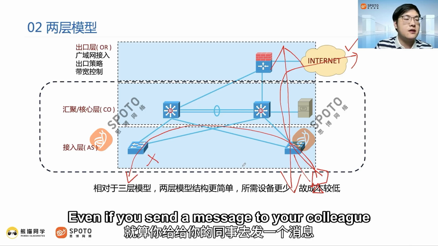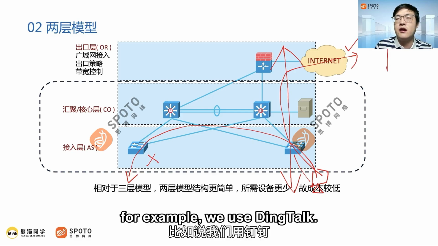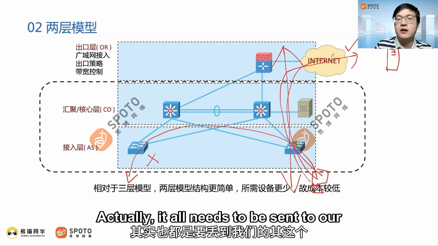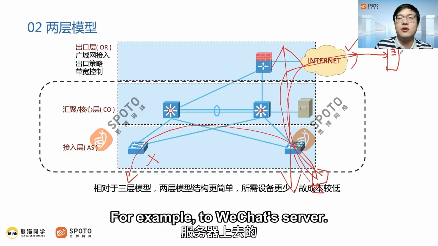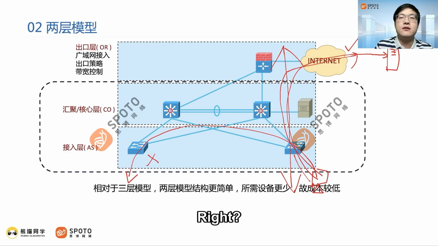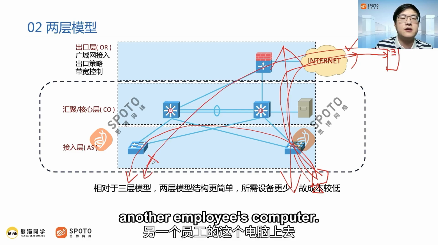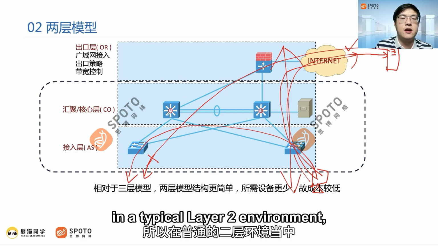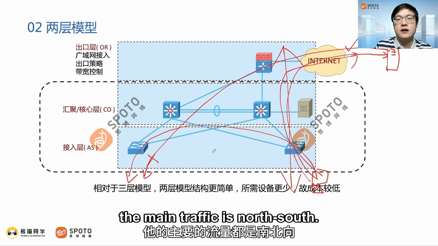Even if you send a message to your colleague or send a file, for example using TikTok or WeChat, it all needs to be sent to a server, for example the WeChat server, and then from this server it goes to another employee's computer. That's the traffic flow. So in a typical 2-tier model, the main traffic is north-south.